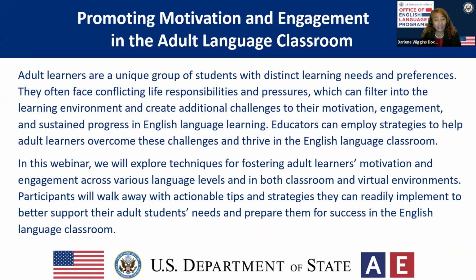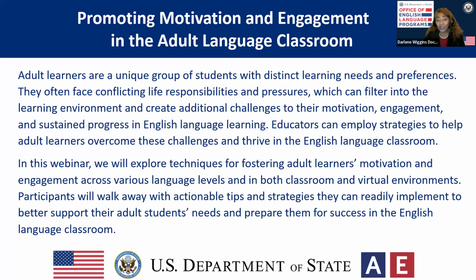They often face conflicting life responsibilities and pressures, which can filter into the learning environment and create additional challenges to their motivation, engagement, and sustained progress in English language learning. Educators can employ strategies to help adult learners overcome these challenges and thrive in the English language classroom.